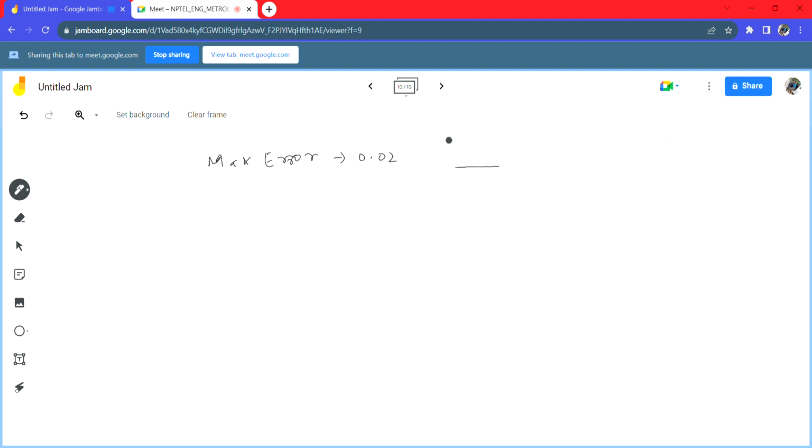If this is my base value, it can be plus 0.02 or minus 0.02. We cannot calculate a range and say that the actual error is 0.04. No, this is not how we calculate it. We can say that the maximum error can be 0.02 either in the plus direction or in the minus direction.